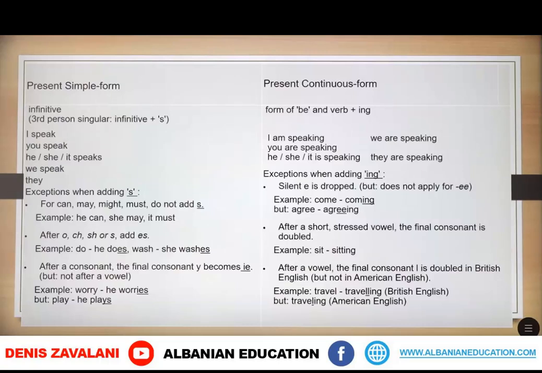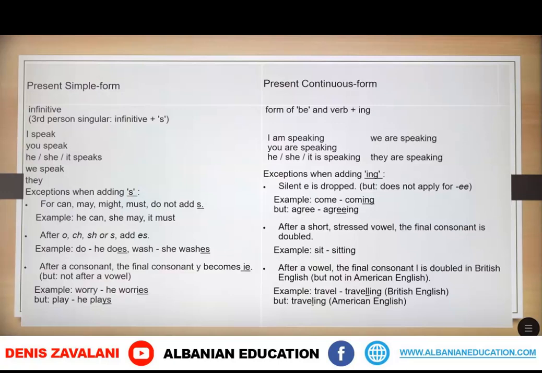After o, ch, sh or s, we add es. For example, do, he does, wash, she washes. After a consonant, the final y becomes ie.